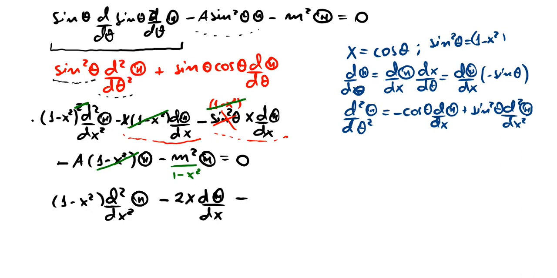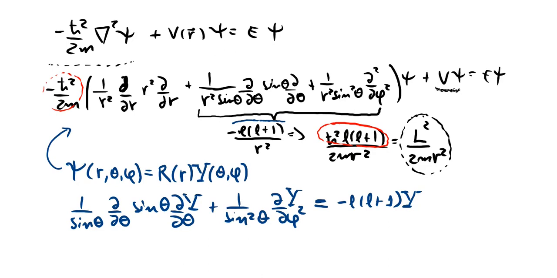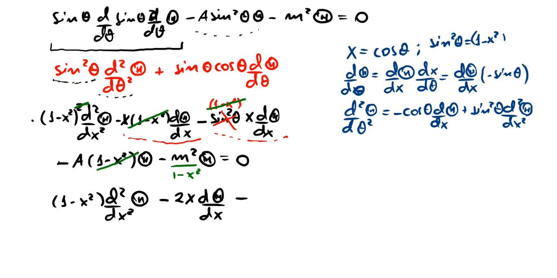Remember that this a in this page here, I defined as minus l plus 1, right? So in the end, I can replace this number here again. It's going to be plus l times l plus 1, right? Just the theta, and minus m squared over 1 minus x squared theta equals 0.